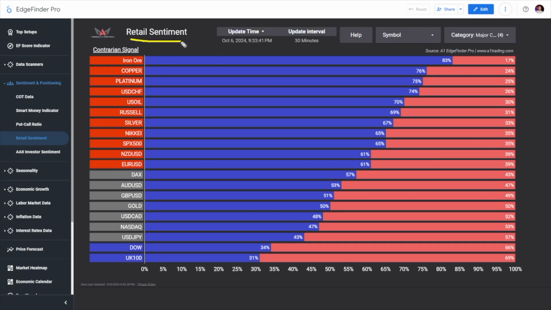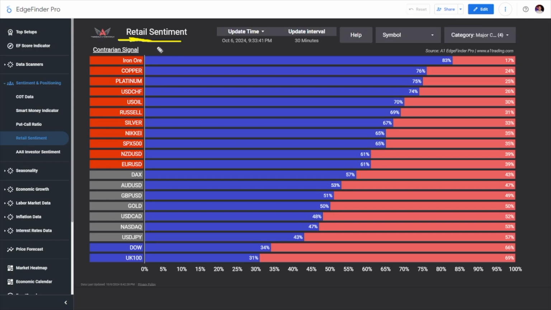Now, the retail sentiment tab is basically an aggregate data analyzing tool that we've built that takes a look at the average positioning across different key markets, based specifically on retail trading volume. So when we're talking about whether retail traders are long or short gold, or long or short the euro, all of these things can be tracked within the retail sentiment data.